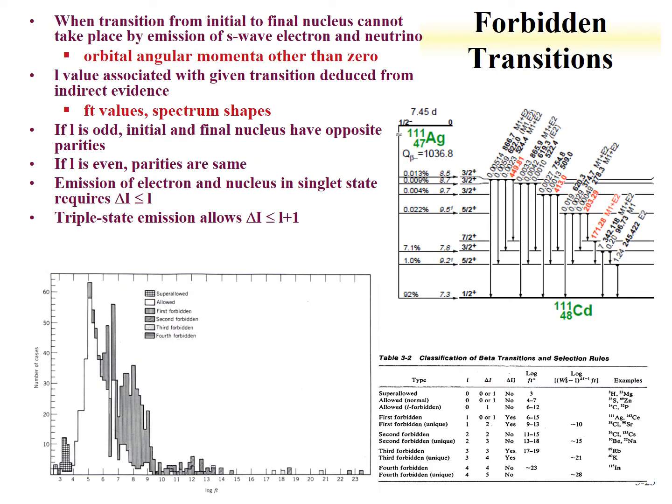When a transition from initial to final state cannot take place through this S-wave transition, we get orbital angular momenta other than 0. So these L values are going to be associated with a given transition. So they're going to be first forbidden, second forbidden, third forbidden, fourth forbidden types of transitions.